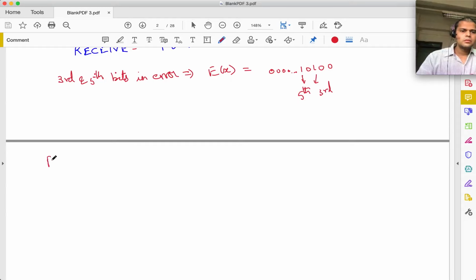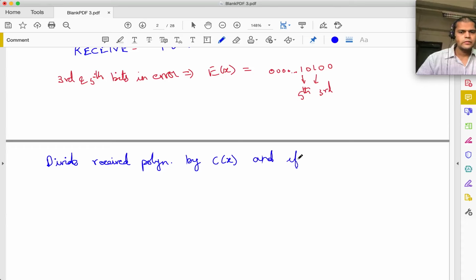So we divide the received polynomial by C of x, and if the resultant is 0, then we say that there is no error.